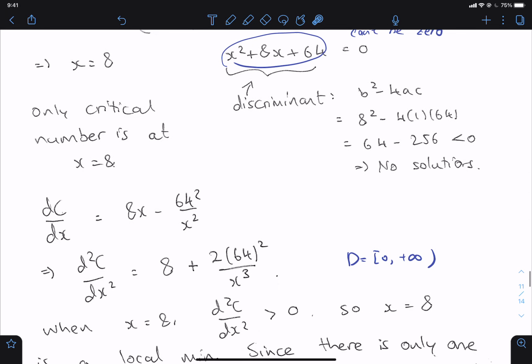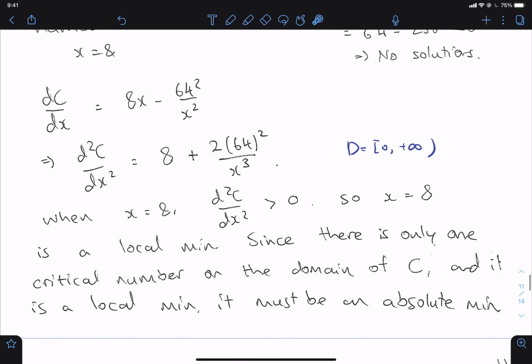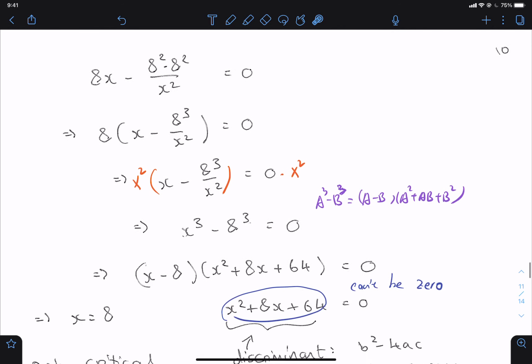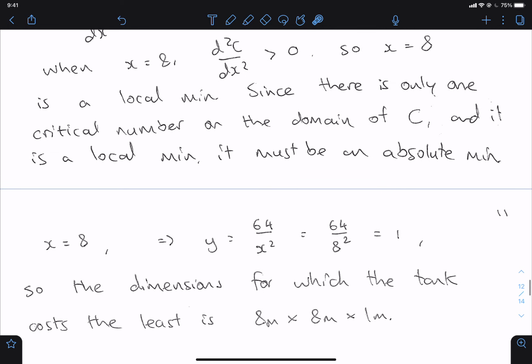And the same point that we are constantly using is that we have only one critical number inside the interval. So if that is a local max, that will be the absolute max. If that's a local min, that will be the absolute min. So that is our question 5. I think it's also very simple.